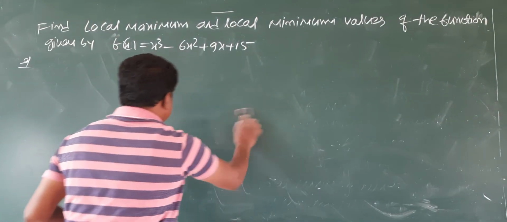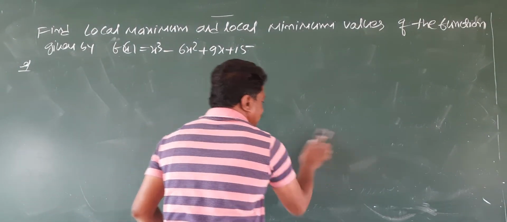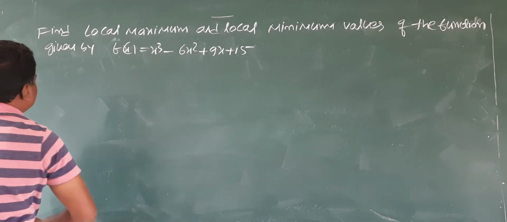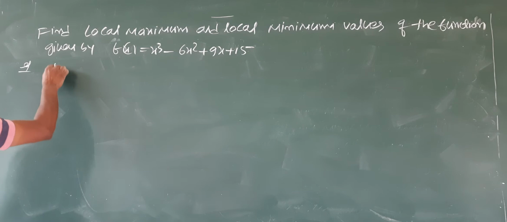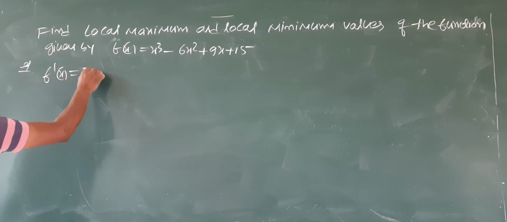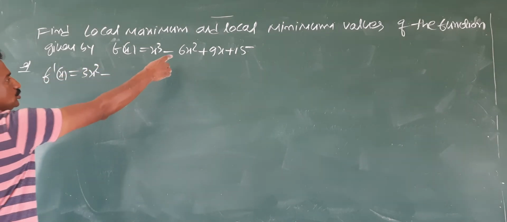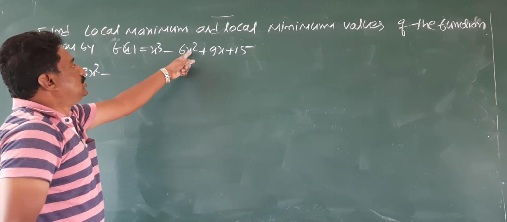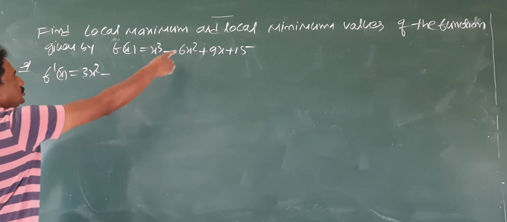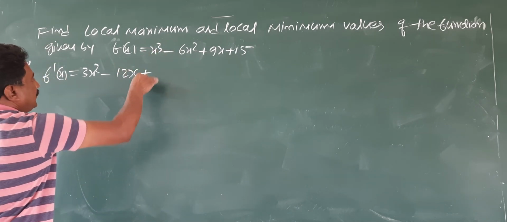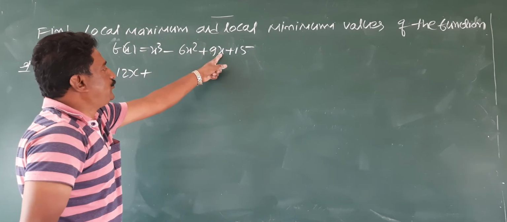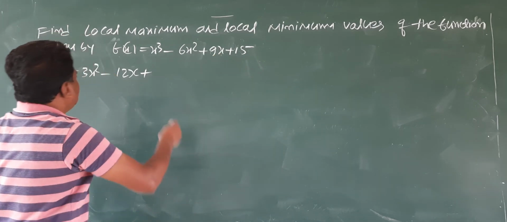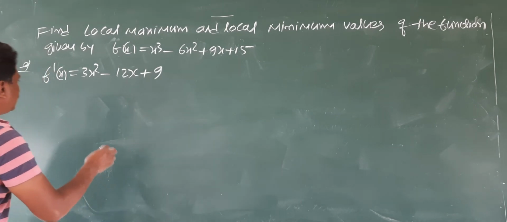So f'(x) equals 3x square minus 6 2s are 12x plus 9. Differentiation of x is 1, so 9.